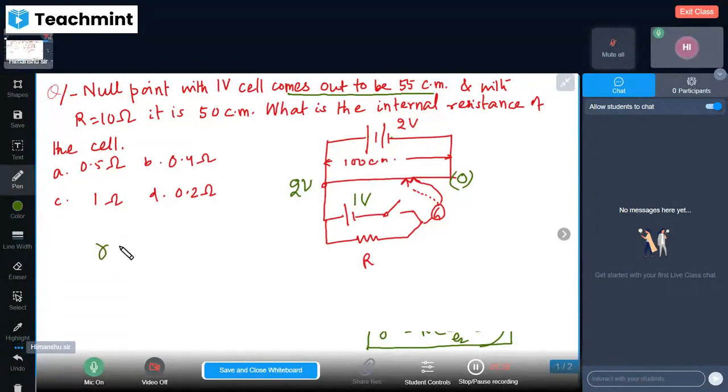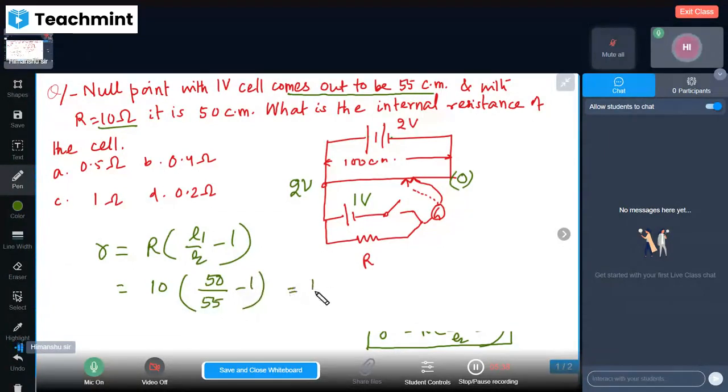What formula have we seen? r equal to R into L1 by L2 minus 1. R here is 10 ohm, it is given. L1 is obtained 55, and L2 is 50. Sorry, L1 is 55, let's correct it.